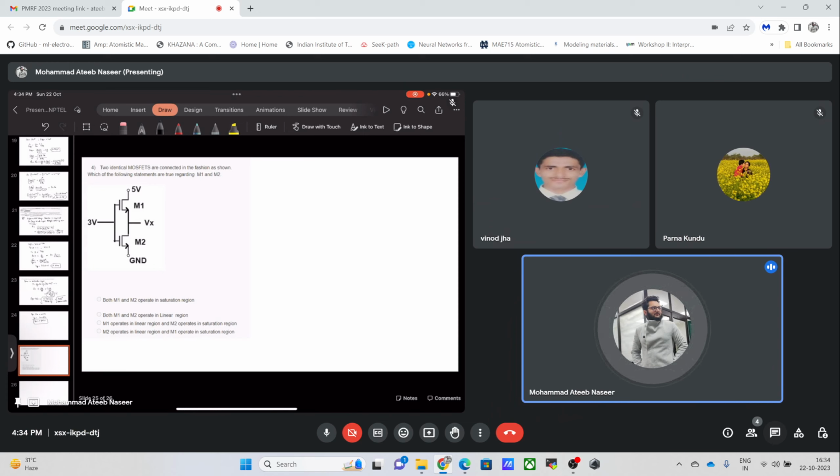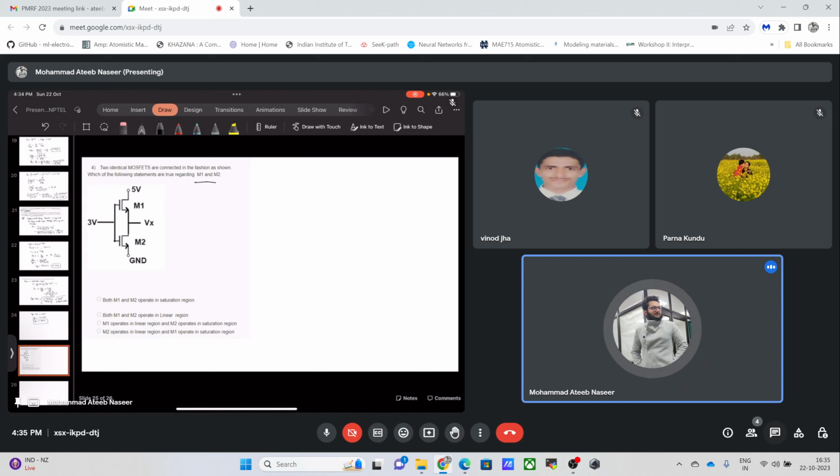So now we have another problem associated with the MOSFETs, which says that we have these two identical MOSFETs which are connected in series. What we are required to find are the conditions about these M1 and M2.